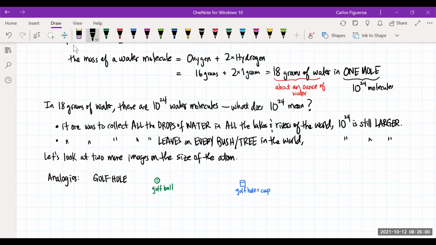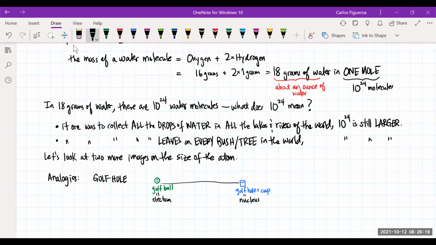Just to give you a sense of distance, I could say that the electron is the golf ball and the nucleus is the golf hole.